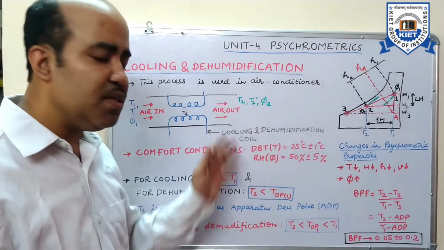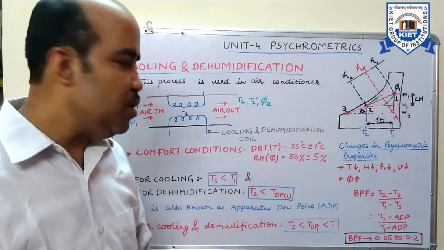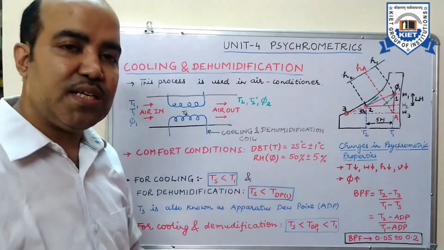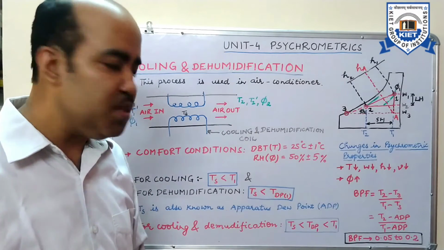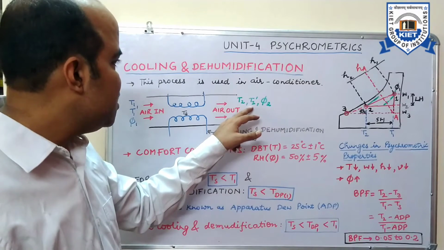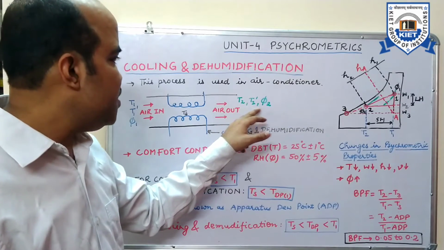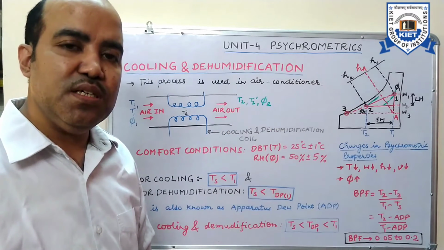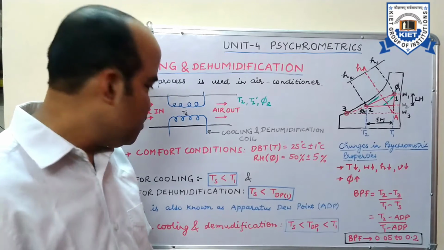Finally, the air leaving the cooling coil is at condition T2 dry bulb temperature, T2 dash wet bulb temperature, and the relative humidity is equal to phi2.